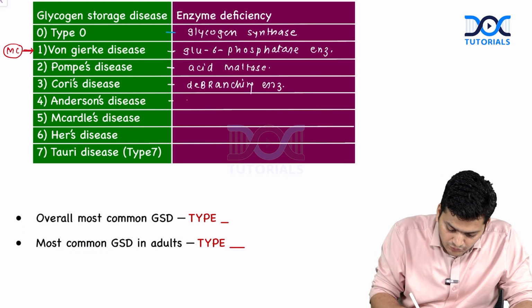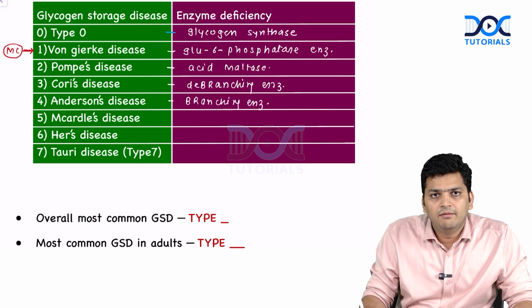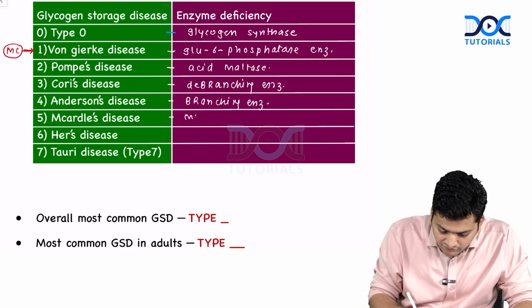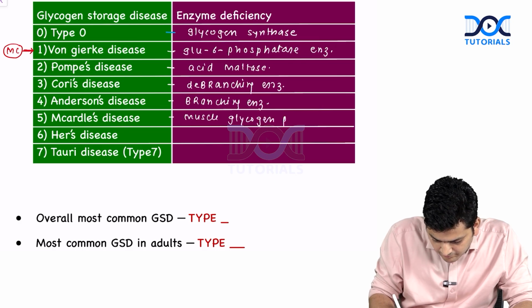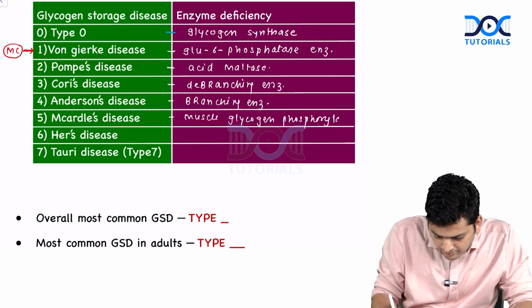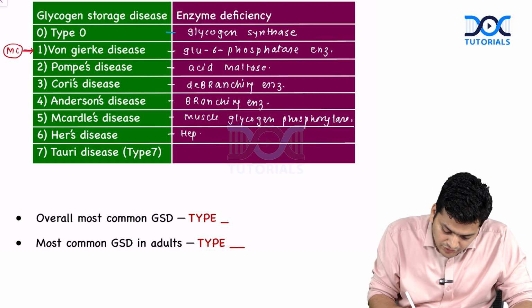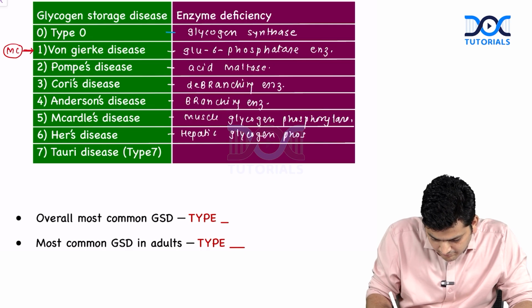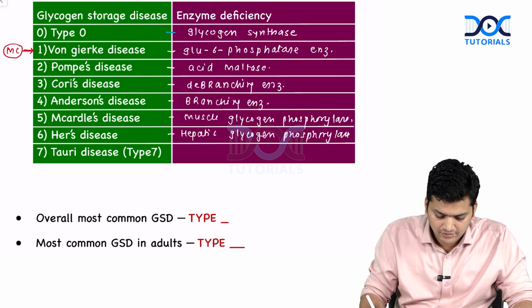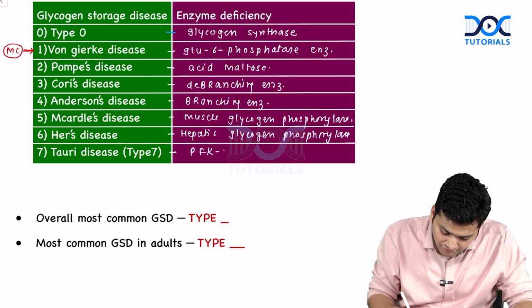Anderson disease is due to deficiency of branching enzyme. McArdle disease is due to deficiency of muscle glycogen phosphorylase. Hers disease is due to deficiency of hepatic glycogen phosphorylase. And Tarui disease, this is type 7, is due to deficiency of PFK1.